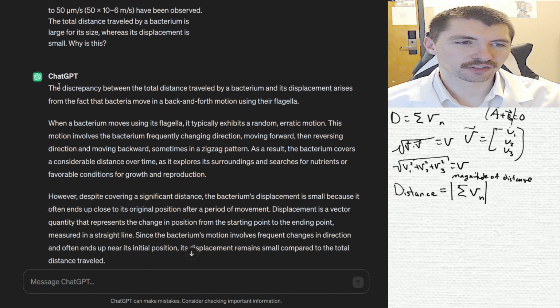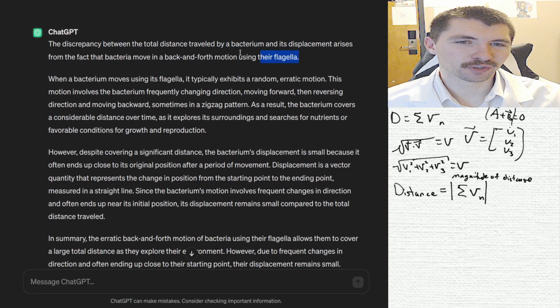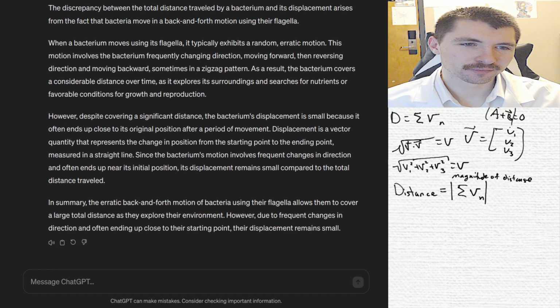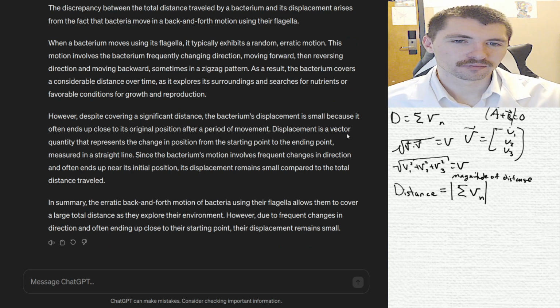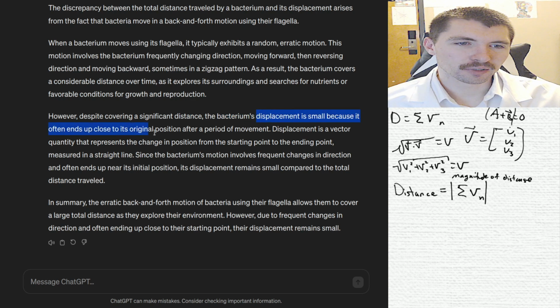I don't think the textbook is looking for something that simple. I think this makes a little bit of sense: displacement is small because it often ends up close to its original position.